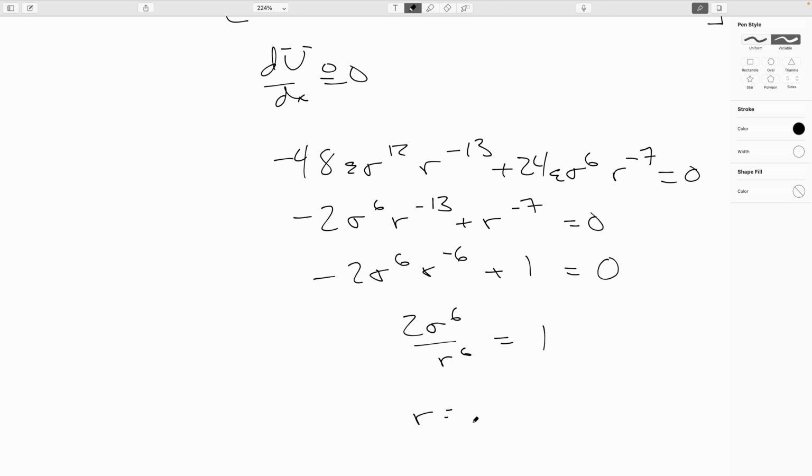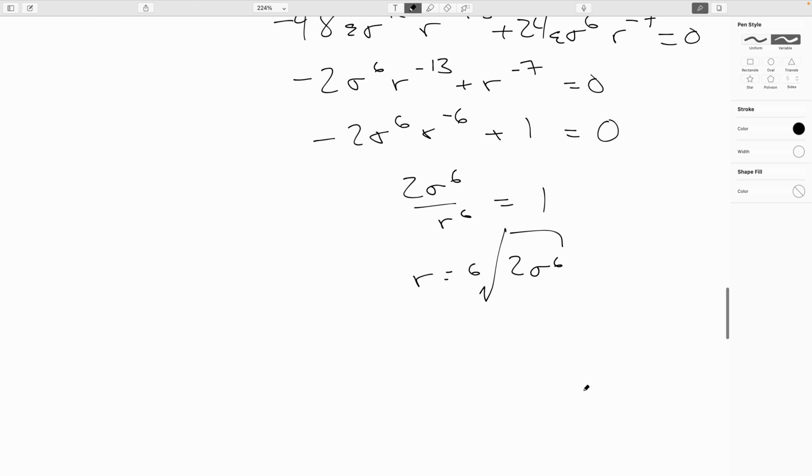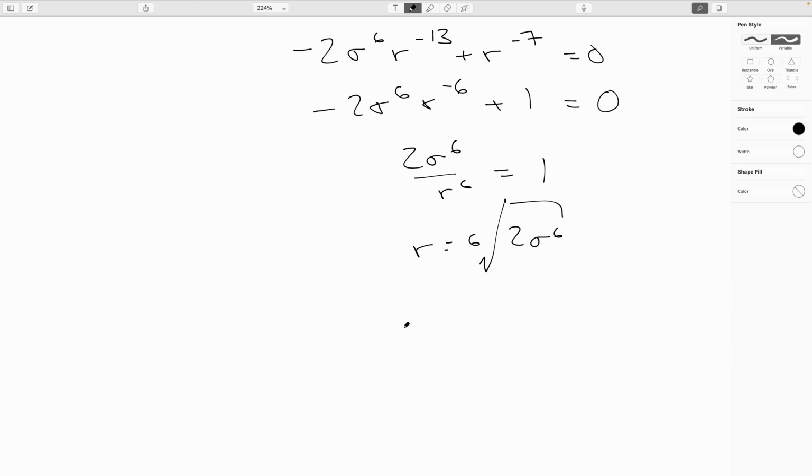So then r will be the 6th root of 2 sigma to the 6th, or we can write this as r is the 6th root of 2 times sigma.